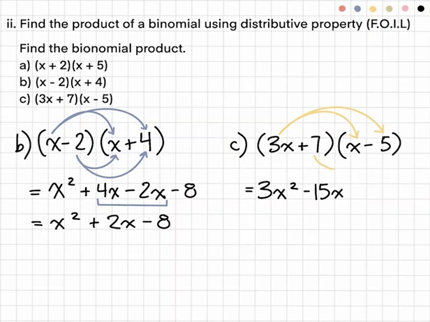Then we've got inside, positive 7 times x, so we got plus 7x, and then we've got last. Color came out funny. There we go.